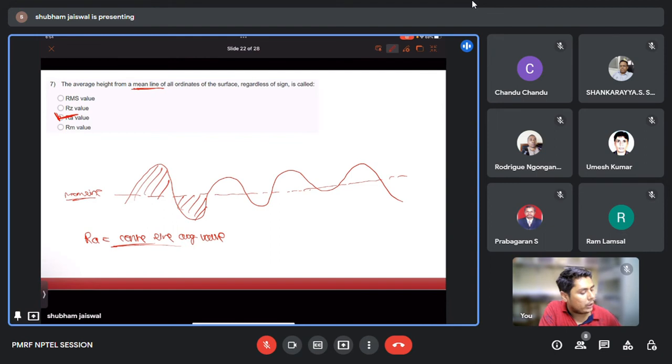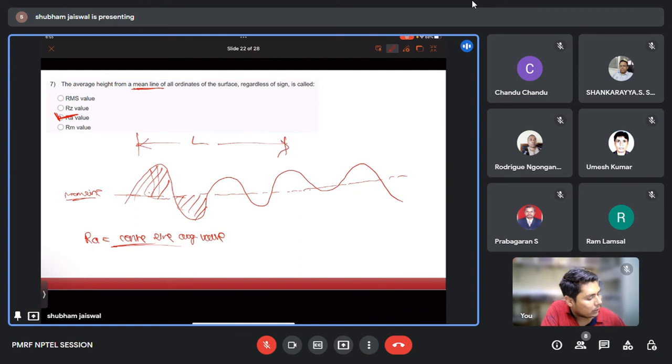As we are taking the average height, this is the mean line, so this is the average height. We are considering the average height of the peaks and valleys, and adding them over some portion of length.